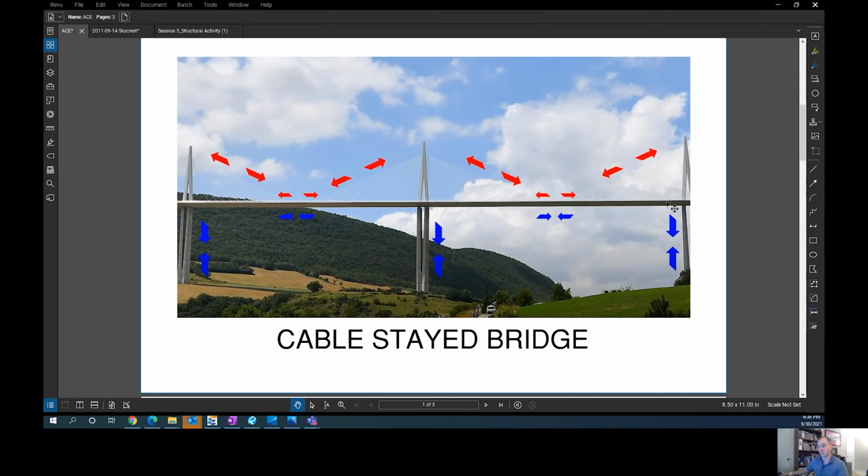Just like with the suspension bridge, your horizontal beam or deck spans between those vertical piers, and has the tendency to want to bend in a U shape, which creates compression in the bottom of the deck and tension in the top of the deck. However, all of that is resisted by those tension cables running back to the vertical piers.